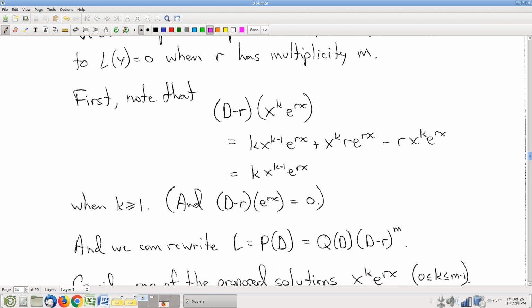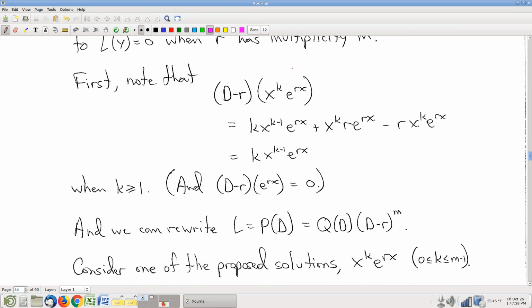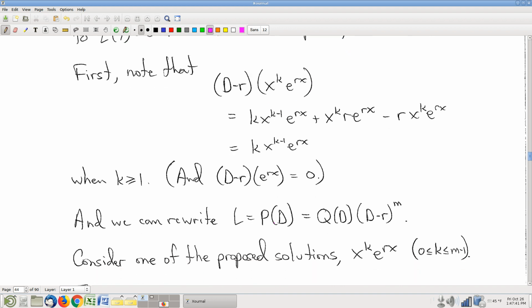Keep in mind what we're trying to prove. These differential equations, when you have a root with a multiplicity, you get a bunch of solutions that look kind of like that. To be more specific, if your characteristic polynomial has a root r of multiplicity m, right, then the assertion is that the solutions corresponding to that root, all of this form, notice the r, right, and the k, how many powers of x do you get?